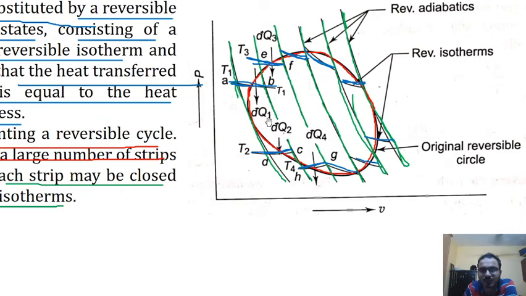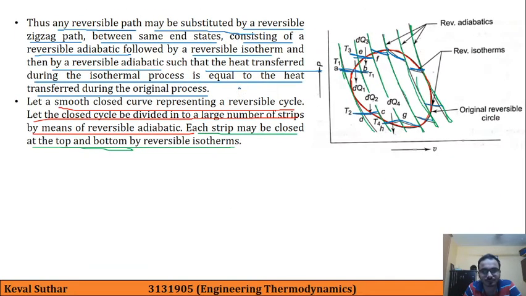So if you recall, in our previous figure, we were replacing a particular curve with the help of one reversible adiabatic, then a reversible isotherm, and then again with the reversible adiabatic. Thus the same thing is done over here in such a way that the heat transfer during our original process and this replaced process are same.